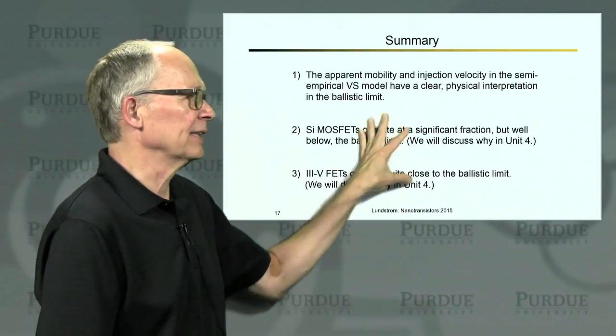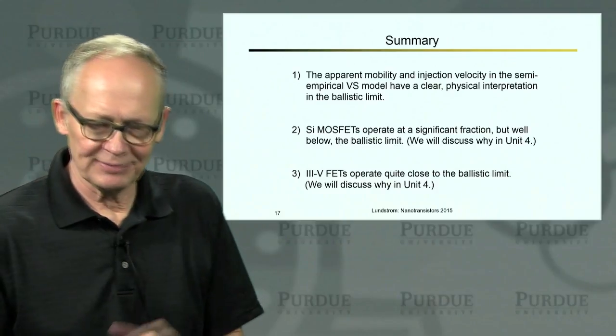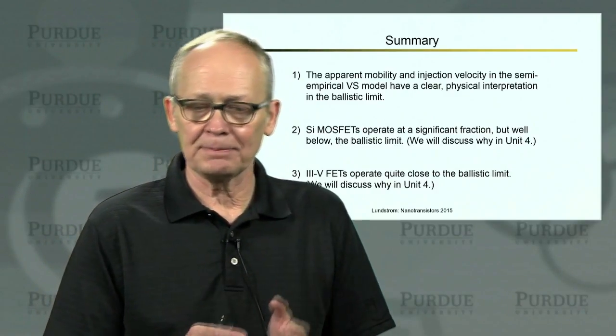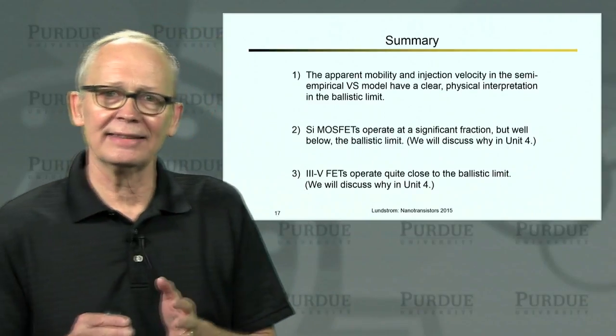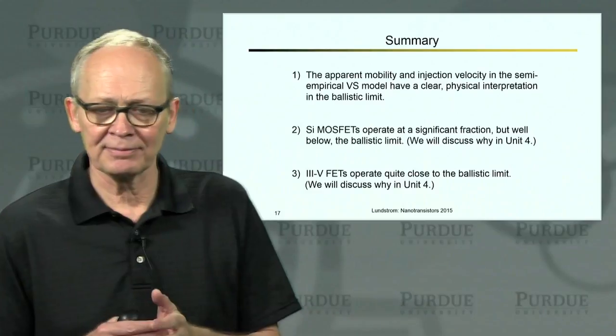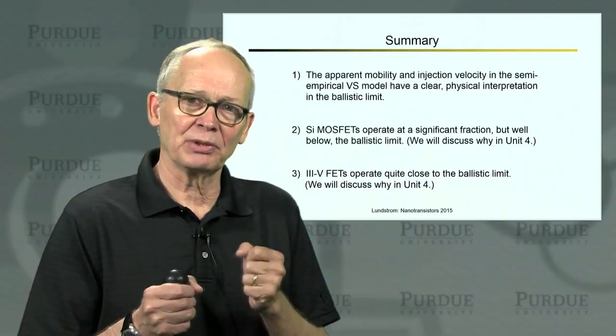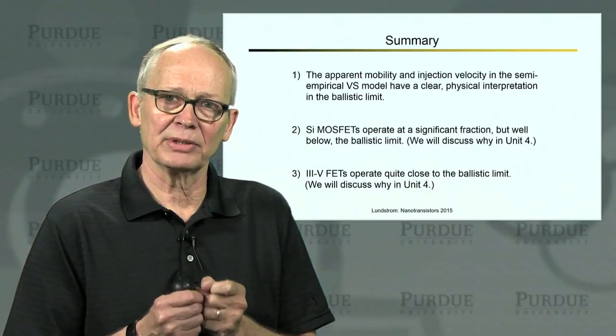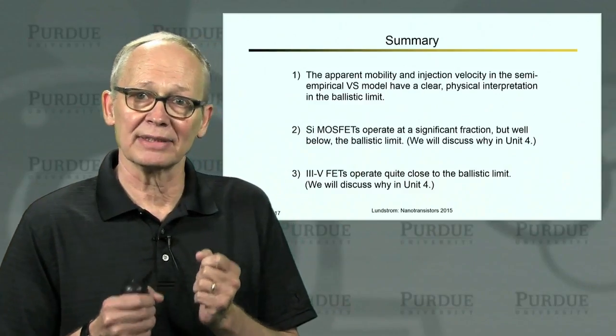So just to summarize what we've covered in this lecture, we've learned that the apparent mobility and the injection velocity in this semi-empirical virtual source model that we've developed and have been using are not just adjustable parameters to fit data. We've shown that they have a clear physical interpretation, and we've discussed that in the ballistic limit.